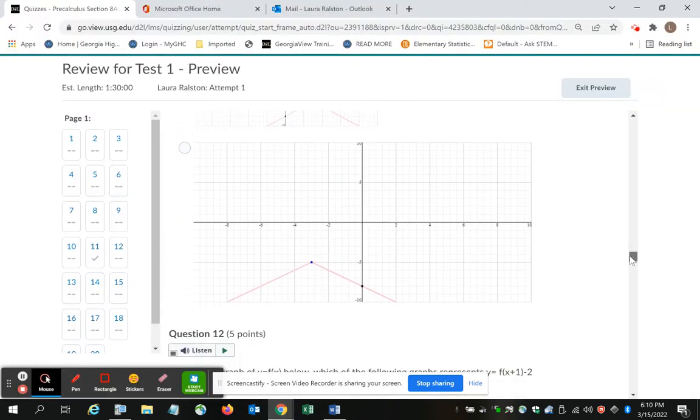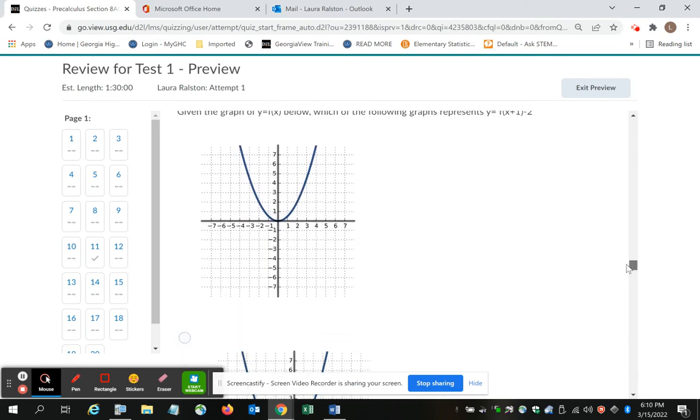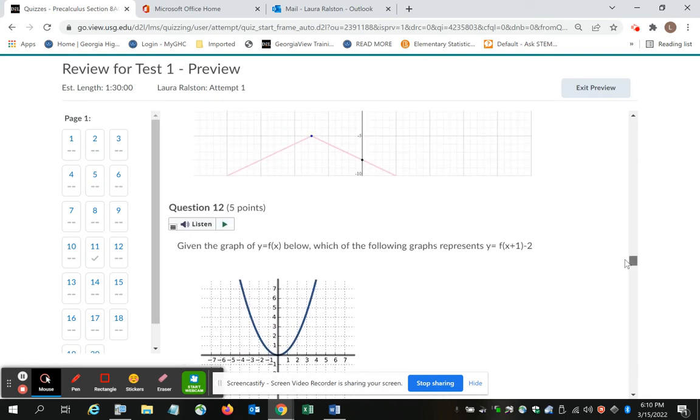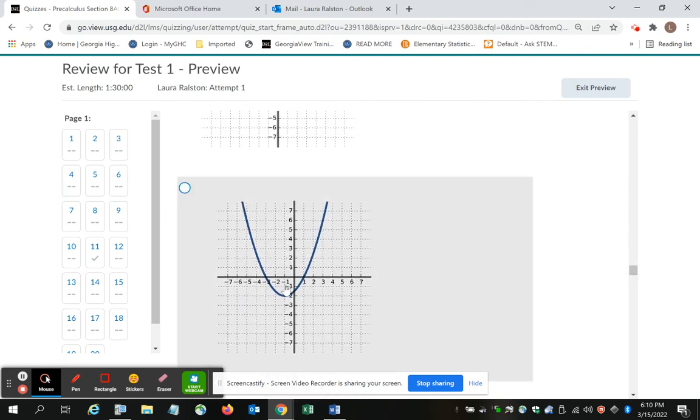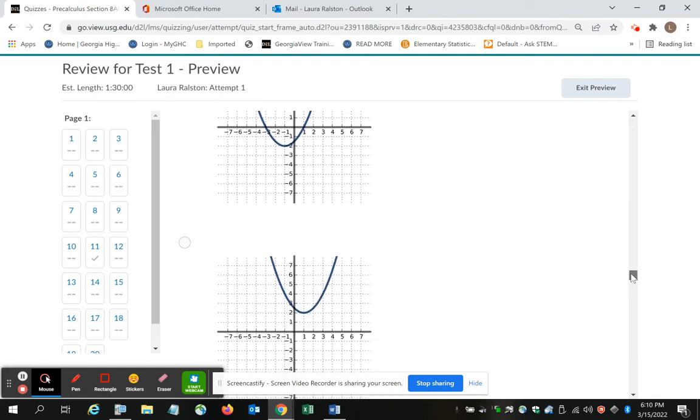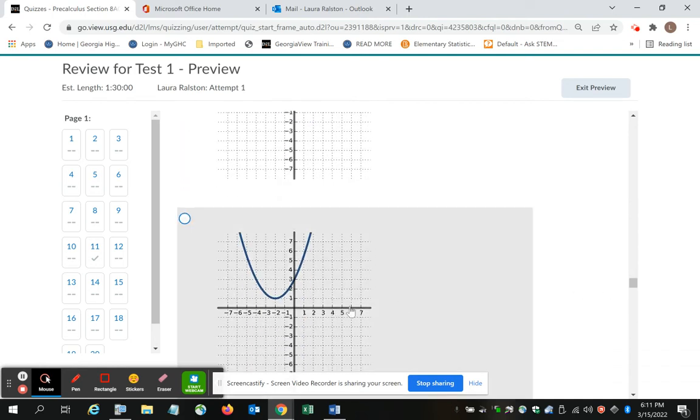Let's see if we can scroll down and see those. Okay, so we're looking for where we've moved the graph left 1 and down 2. Focus on that center point, left 1 and down 2. I think that one's it, but let's double check the others. Always check the others. Here I went right and up, so I know that's not right. I went left 2 and up 1.